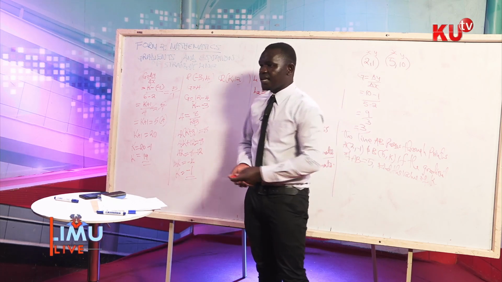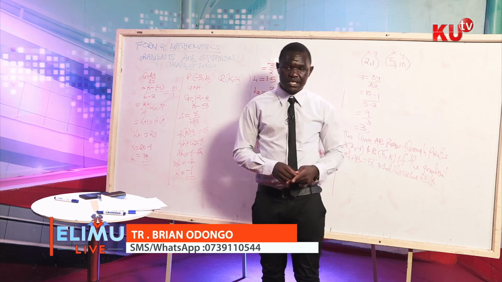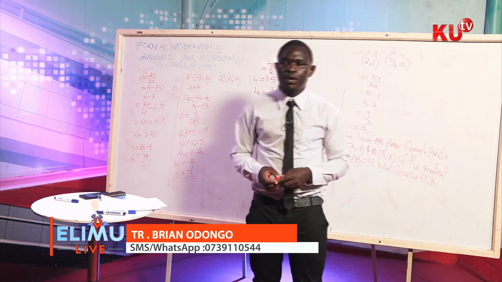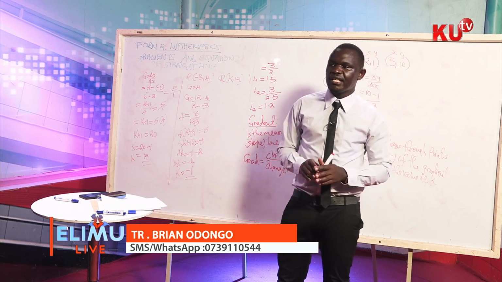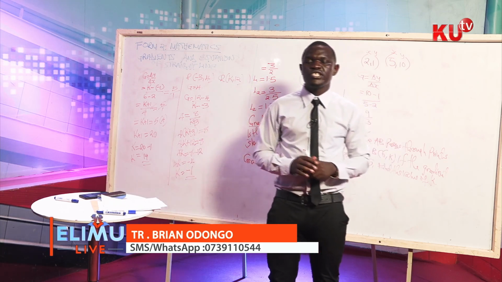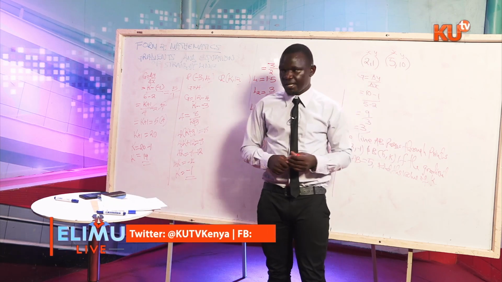So what have we learned today? Remember that we began by talking about the gradient. Basically, how you get a gradient is very important. We said for you to get the gradient of any straight line, it is the change in y over the change in x. That gives you the gradient of any line.